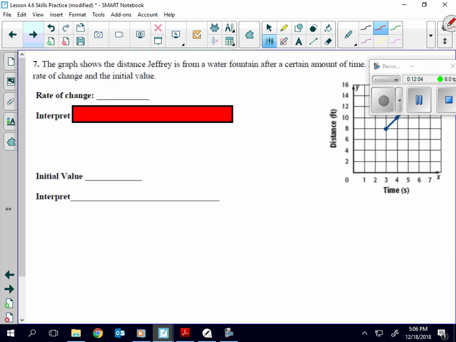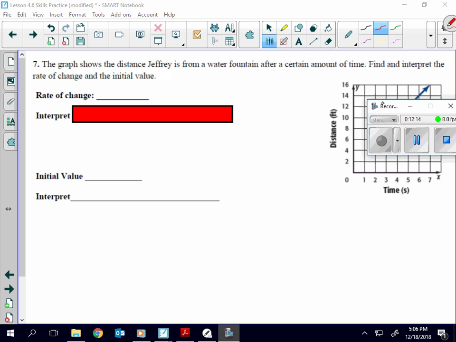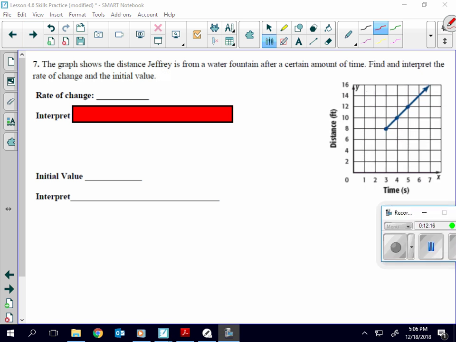Let's do number 7, the last one we're going to do together, and you're going to finish the worksheet. The graph shows the distance Jeffrey is from a water fountain after a certain amount of time. Find and interpret the rate of change and initial value. So again, we want the m and we want the b. We have a graph. We can find m from a graph.